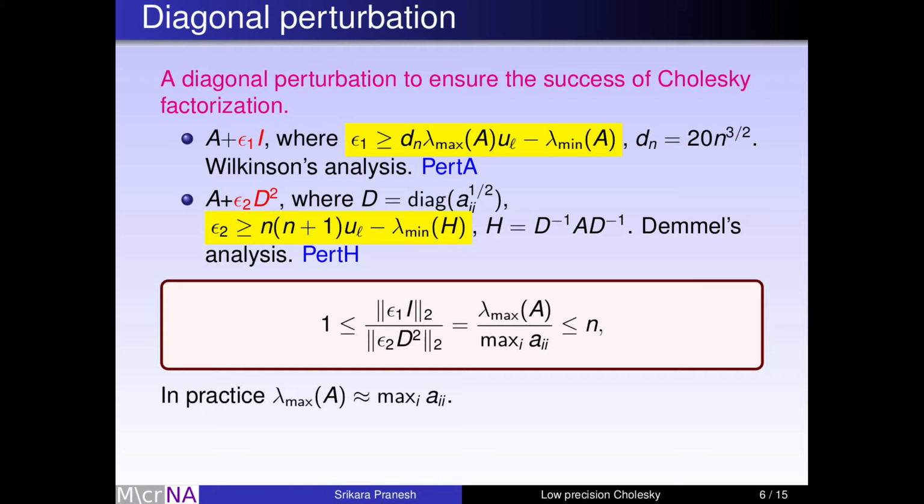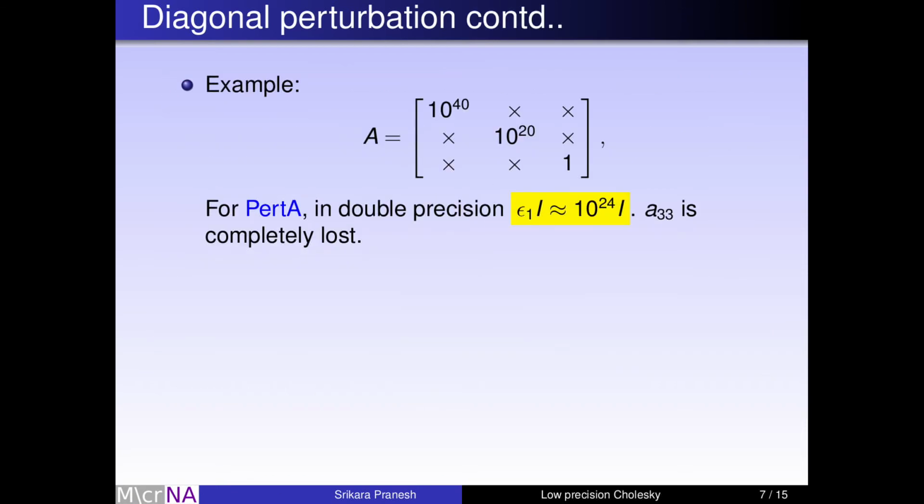So just to drive the point home, let's consider a simple example, where X means there can be any values, just to ensure that A is symmetric and positive definite. Now say you want to ensure that the Cholesky factorization of A is successful in double precision.